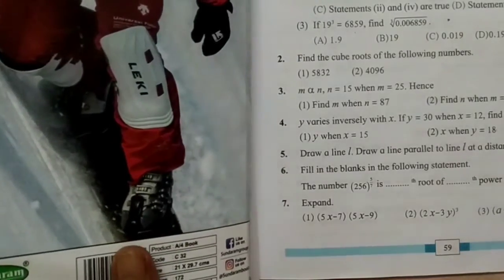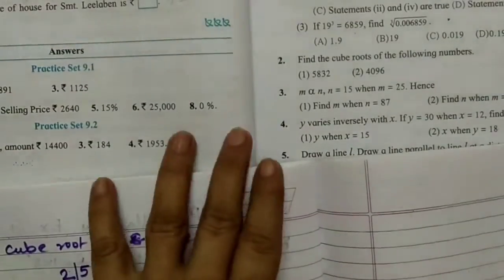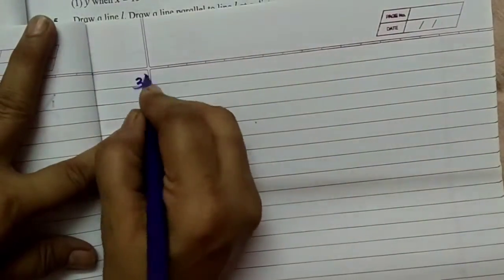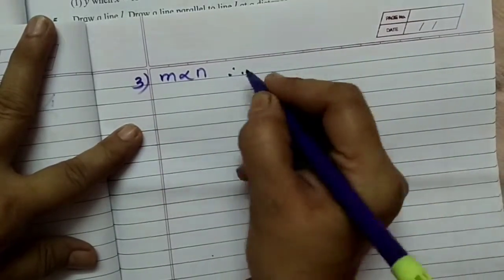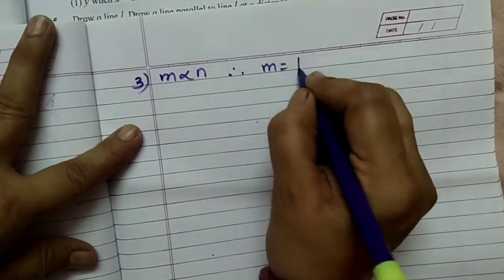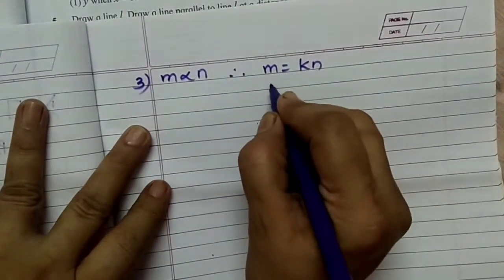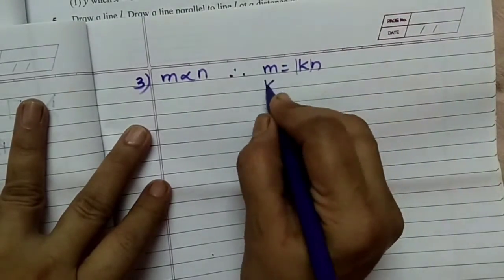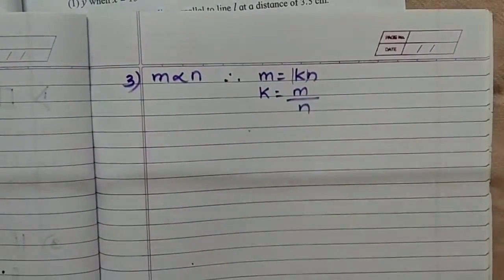This is sum number three. M varies directly with n. Therefore, what we have to write? M is equal to k into n. What will be k then? K is equal to m upon n. First, we have to find out the constant, right?